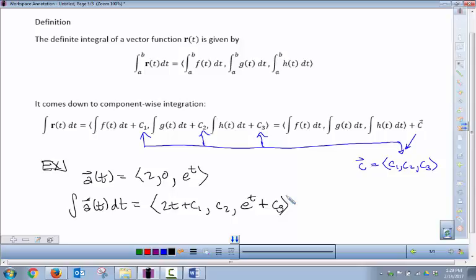So now let's, well, it depends on the problem, right? It depends on the problem. If what you're doing is you might need to solve for these C1, C2, C3. Well, let me tell you now.